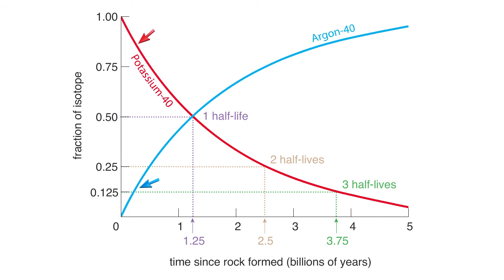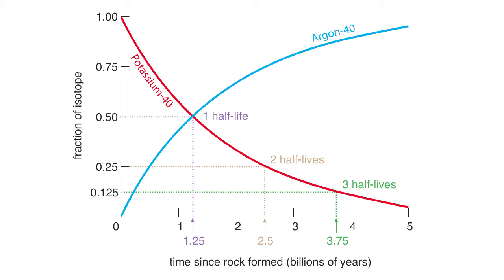As time passes, the amount of potassium-40 goes down while the amount of argon-40 goes up, so that after one half-life, or 1.25 billion years, the two isotopes each represent half of the original potassium nuclei. By the end of 2 half-lives, or 2.5 billion years, only 25% of the original potassium-40 remains, while the other 75% has turned into argon-40, and so on.